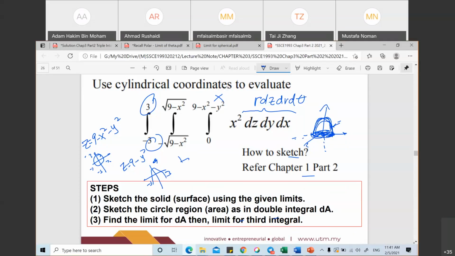From the bottom, your radius is from 0 to 3. Your angle theta is from 0 to 2 pi. So how about your z? Your z is from 0 to 9 minus r squared. Done, if you see the answer.